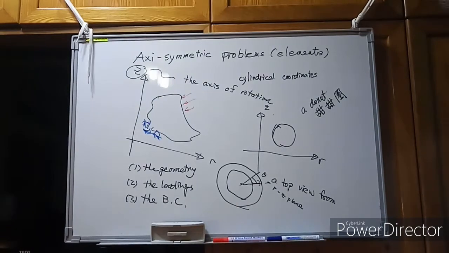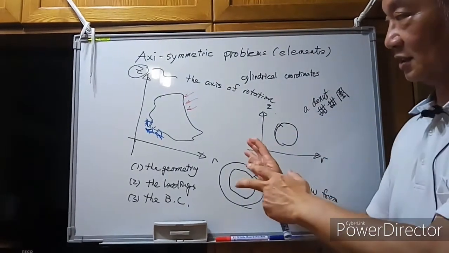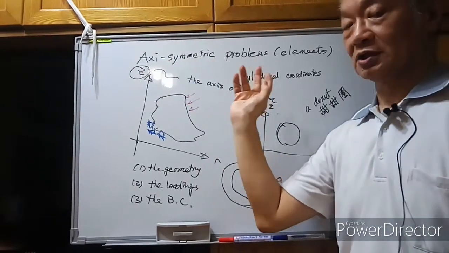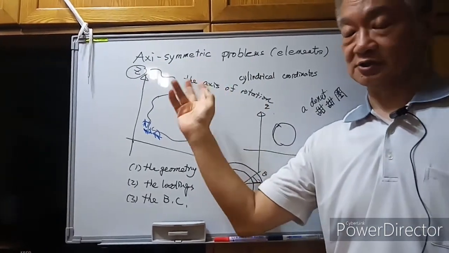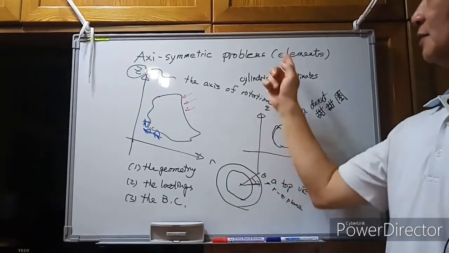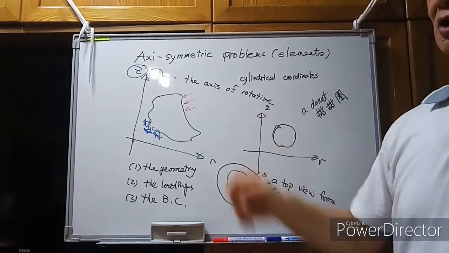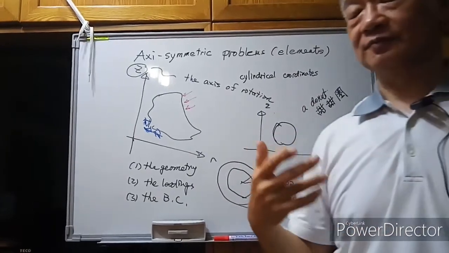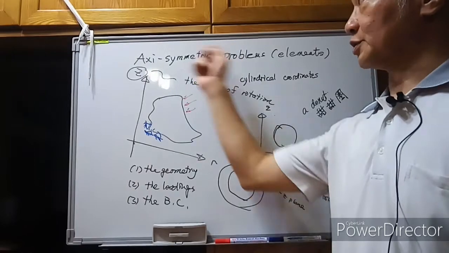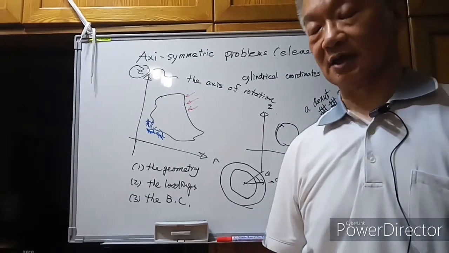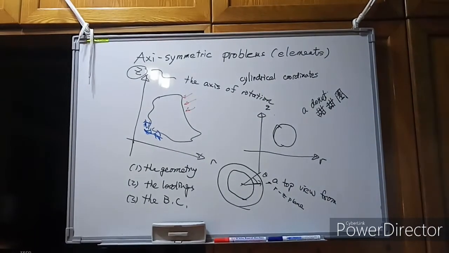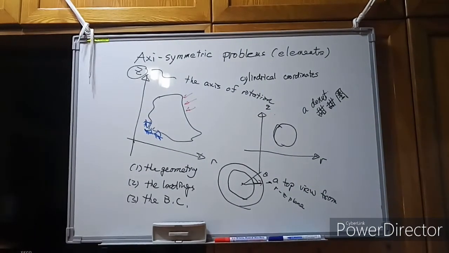So first you need to understand what axisymmetric problems and axisymmetric structural models are, and then let's discuss what kind of finite elements can be used to solve axisymmetric problems.